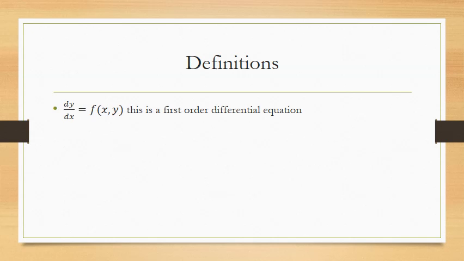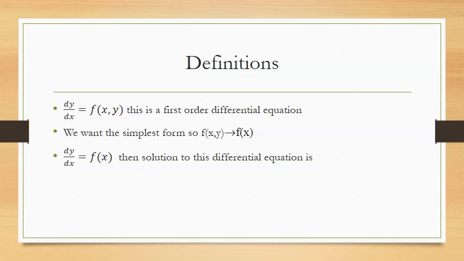So the definitions we're going to start out with today: we're doing a first order differential equation, and what we want to do for this solution is choose the simplest form of our function f of x and y, and the simplest form is to make function f independent of the dependent variable y.